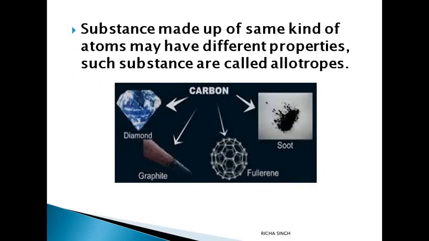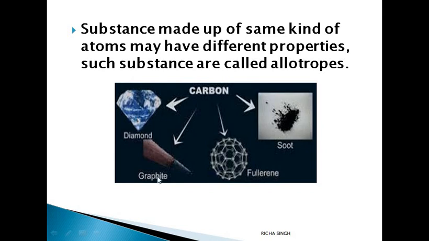Next is that substances made up of the same kind of atom may have different properties. This is known as allotropes or allotropy, and this was also not considered in Dalton's theory. For example, carbon exists in 2 forms, crystalline and amorphous. Diamond is also a form of carbon only.